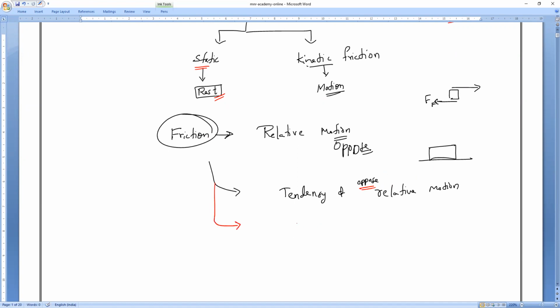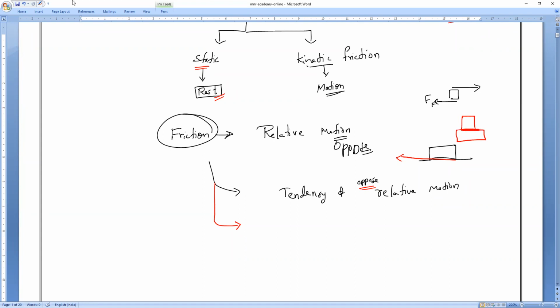Also, this frictional force always acts tangentially along the contact. For example, this is one surface and this is another surface. So this is the contacting area.